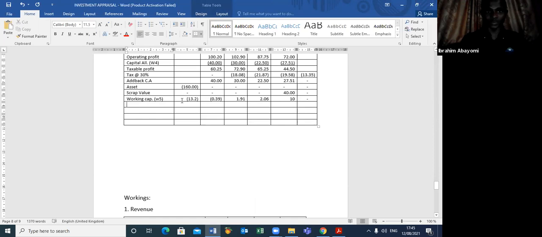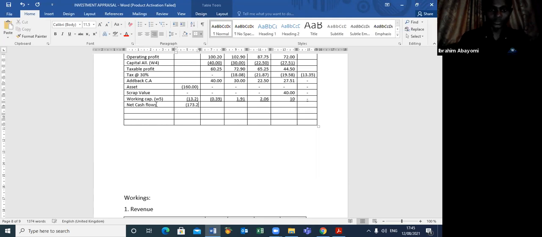Sorry, before discount factor, we need to get our net cash flow first. What's our net cash flow? Let's get our net cash flow. This is going to be 173.2, year 0.